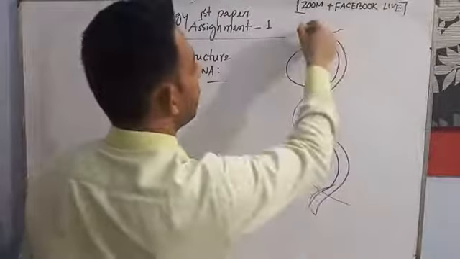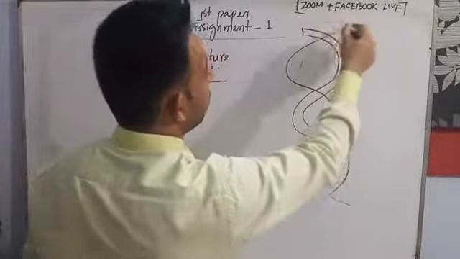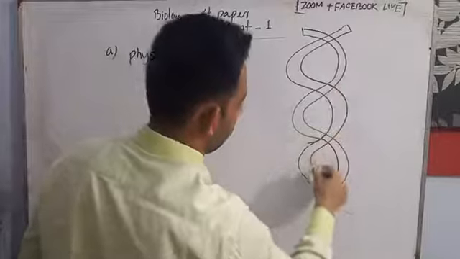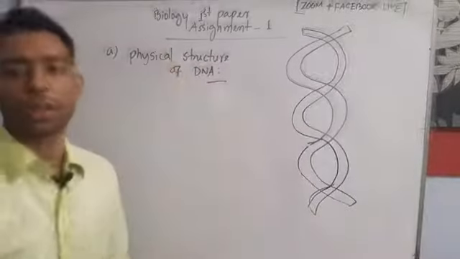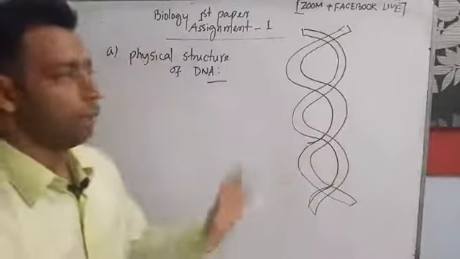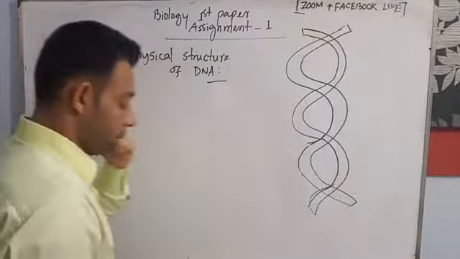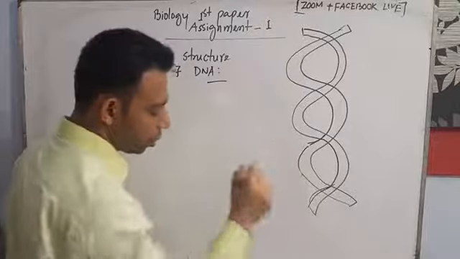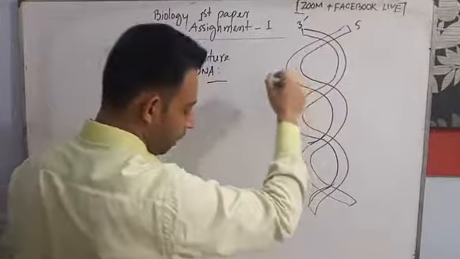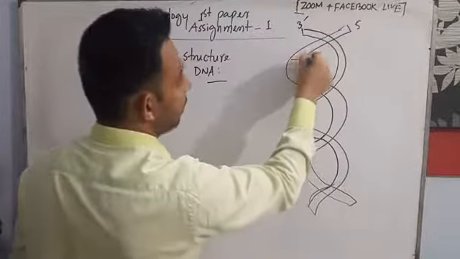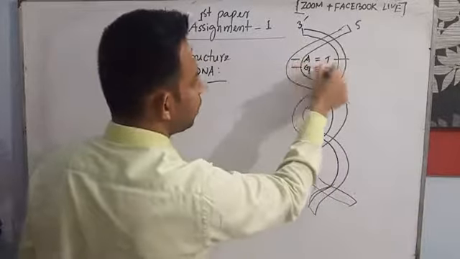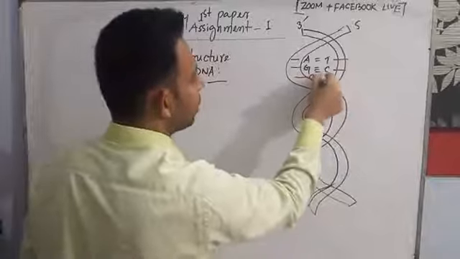Okay, I make it double, double layered, just for having a structure. You can draw with a pencil, so you can erase and keep it straight. Make sure of the drawing of that structure: it is 3 prime, it is 5 prime, and in between them there is adenine with thymine, guanine with cytosine.